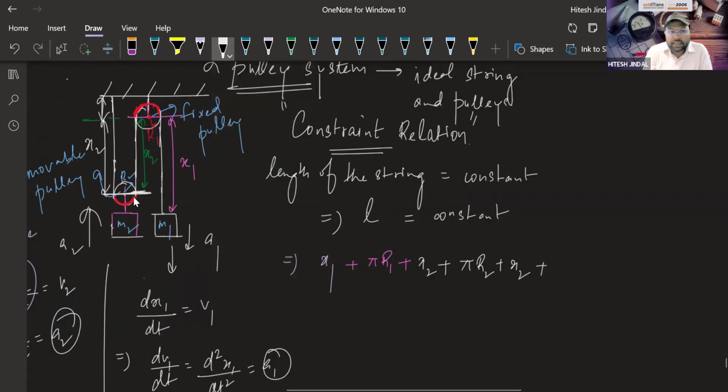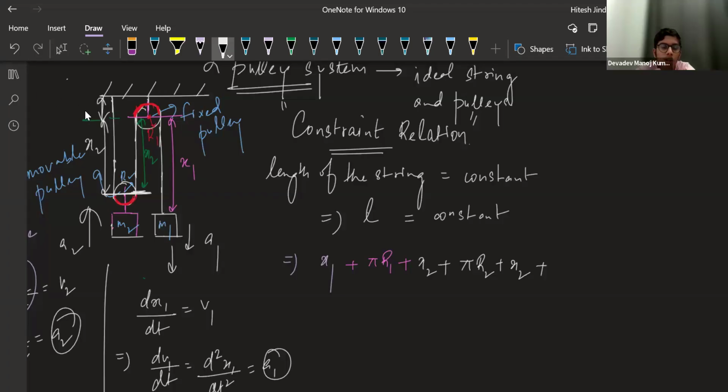What do you think? This part of the length of the string would be constant or not? Can I say it is always constant? It will always be there. But if one pulley crosses the other, it will change, right? How can it be possible? Then the motion will be finished.